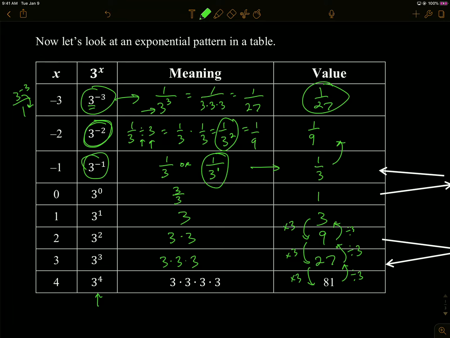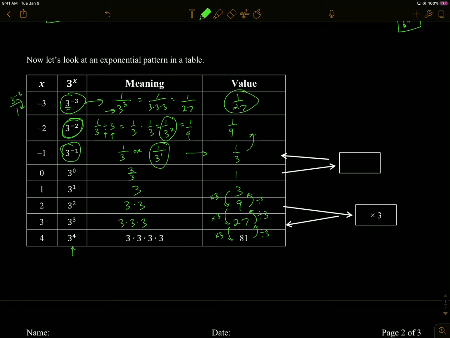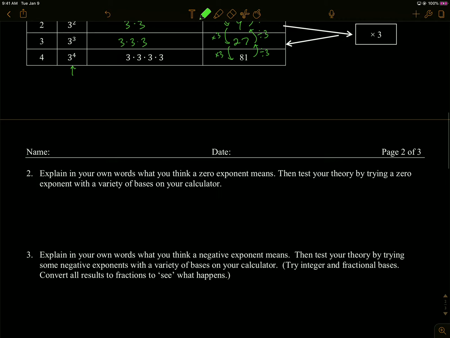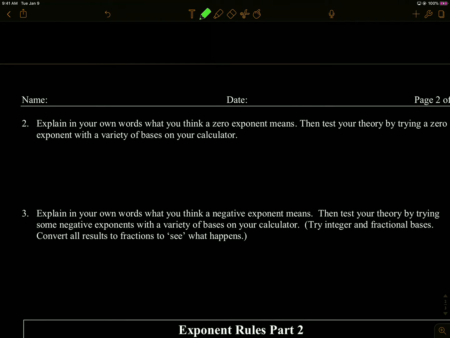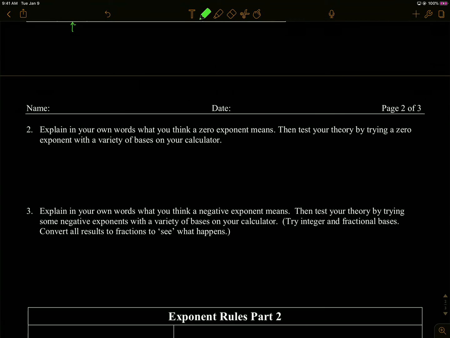All right, so from this table, we can learn a little bit about what negative exponents mean. So let's see what it means here. First we're going to look at the 0 exponent. If it's not positive, then it's either 0 or negative.